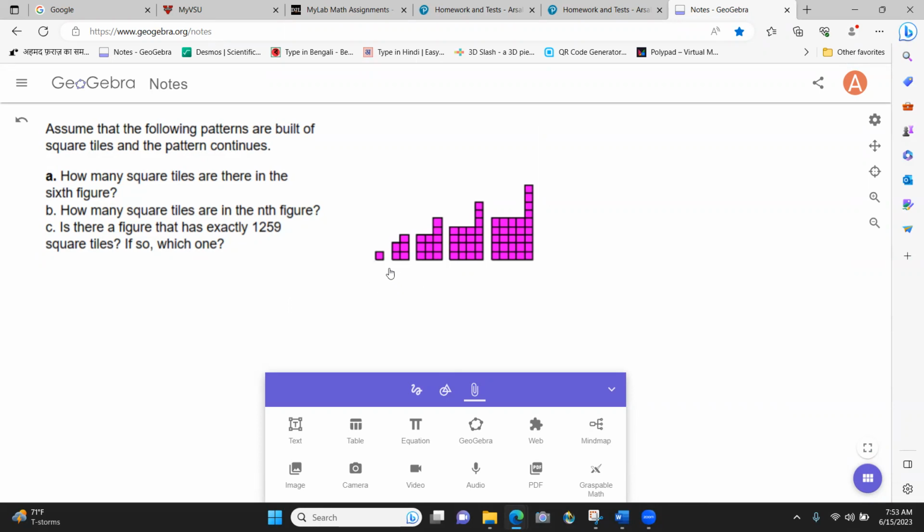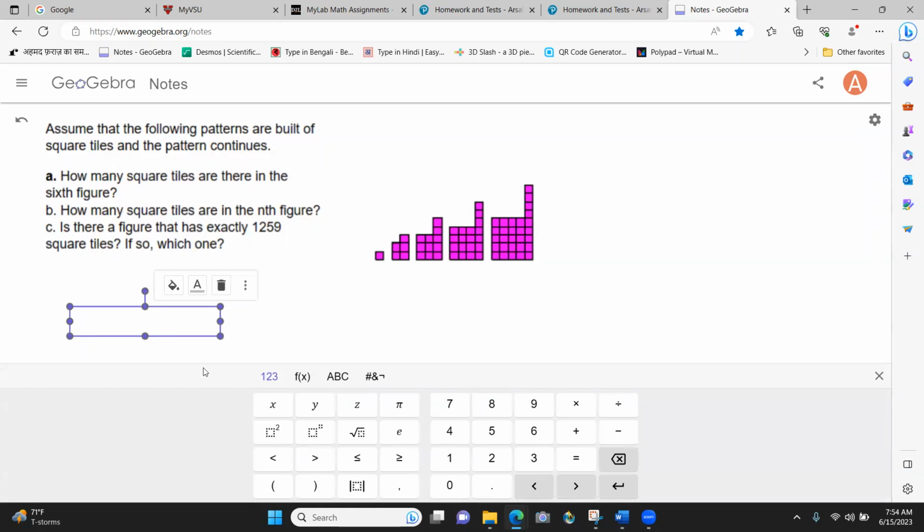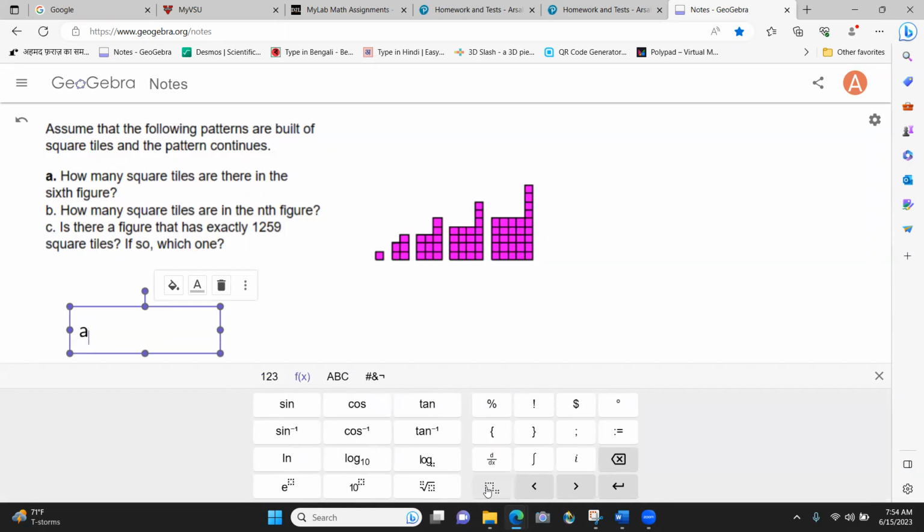So the first one is a 1 by 1 square, 2 by 2 square, 3 by 3 square, 4 by 4 square, 5 by 5 square. The sixth shape must be a 6 by 6 square. I'm just going to write 6 squared.